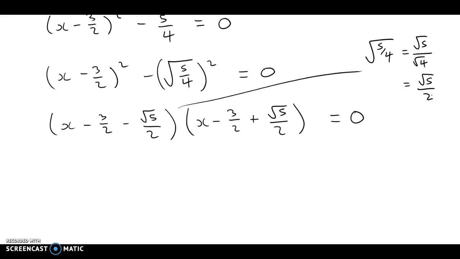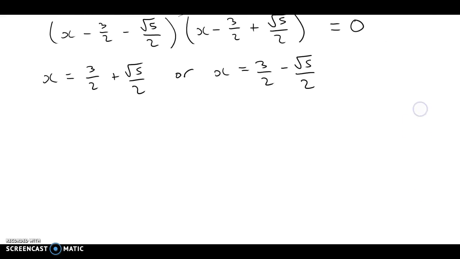Now let's keep going with this question. So using the null factor law, we know that x equals 3 over 2 plus root 5 over 2, or x equals 3 over 2 minus root 5 over 2.